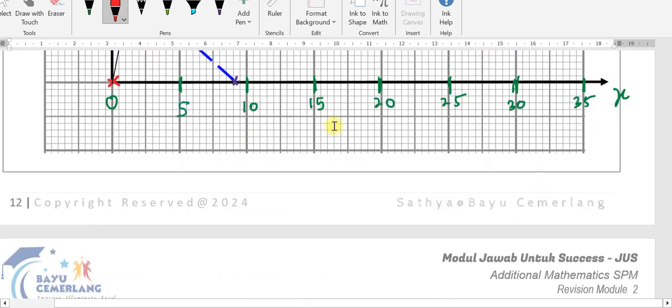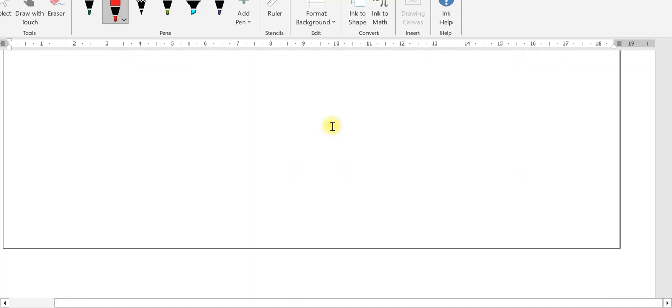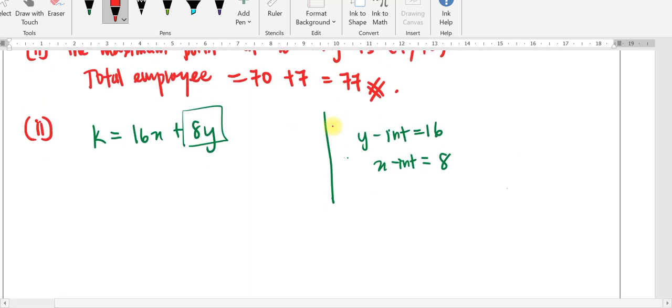7, 70, try ganti and see. Okay. If I get 7 and 70, and one more is 28, 38, right? Try to ganti in both place. Okay, 16 times 7 plus 8 times 70.